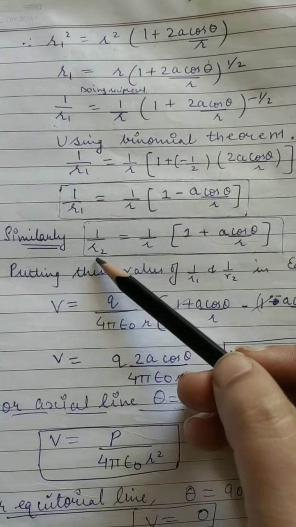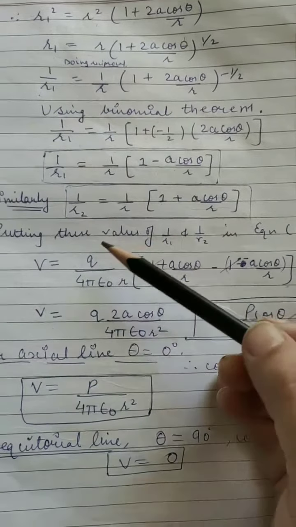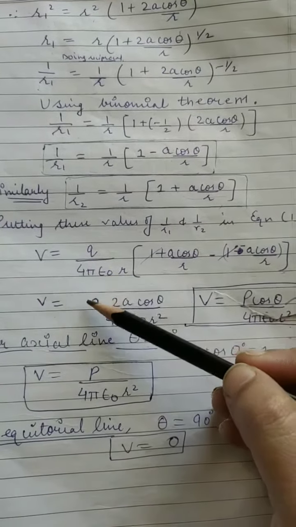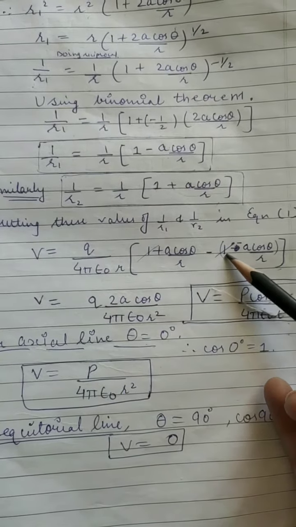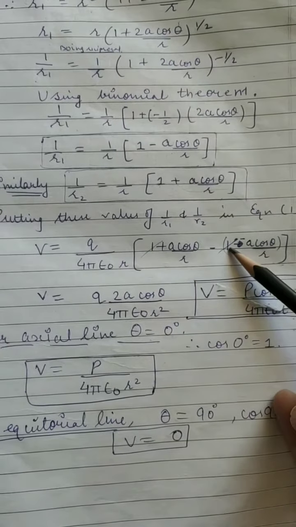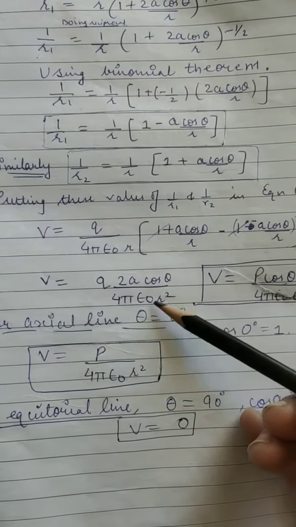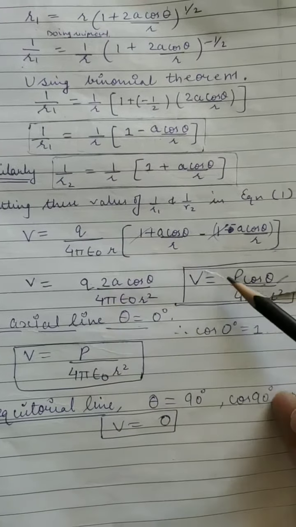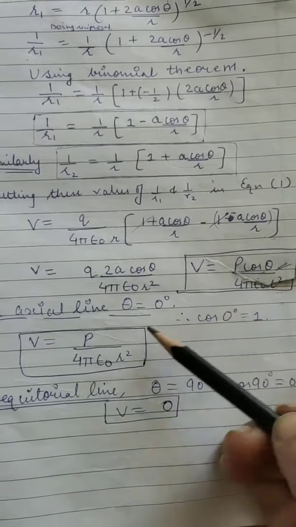Similarly, for 1 upon r2, we write 1 upon r times 1 plus a cos theta upon r. Putting these values, you will get q upon 4 pi epsilon naught r times 1 plus a cos theta upon r minus 1 minus a cos theta upon r. The 1 will cancel out, and this becomes 2a cos theta upon r square. Q into 2a becomes the dipole moment, so V is p cos theta upon 4 pi epsilon naught r square.